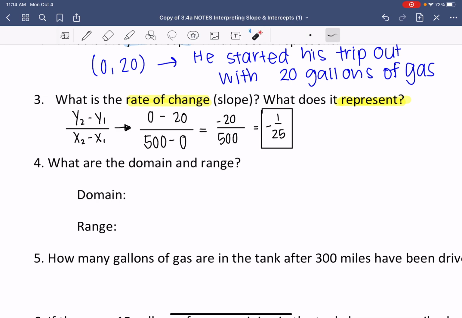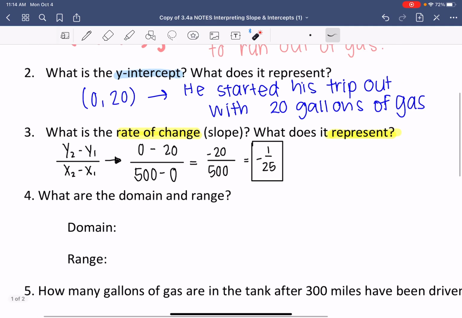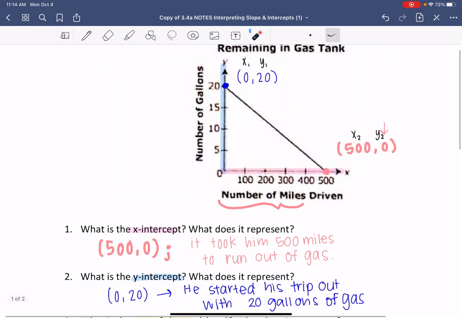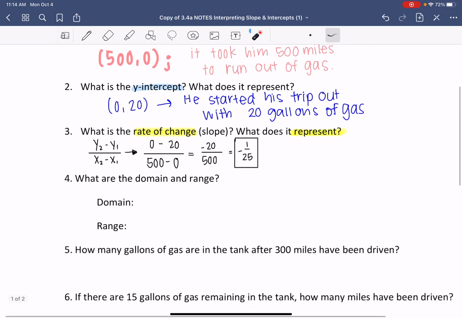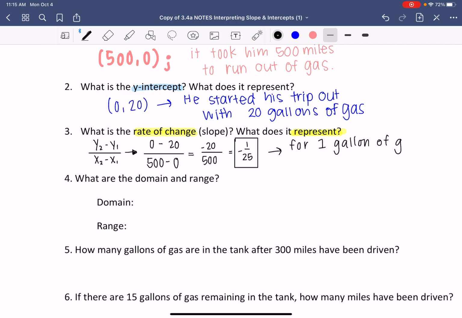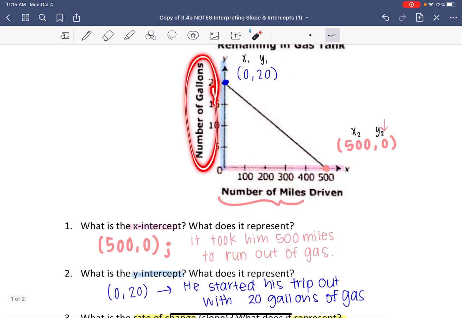So when I'm looking at my slope, it's always the change of y over the change of x. Okay, so 1 represents what our y-axis was. So our y-axis is the number of gallons. So I know that for every 1 gallon of gas I use, that's what that 1 on top represents, because it's our y's, and our y-axis is gallons of gas.